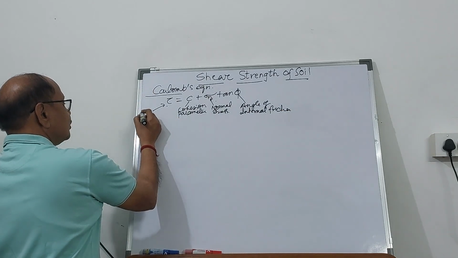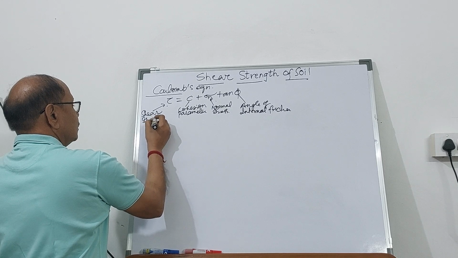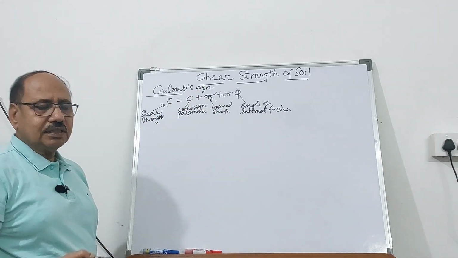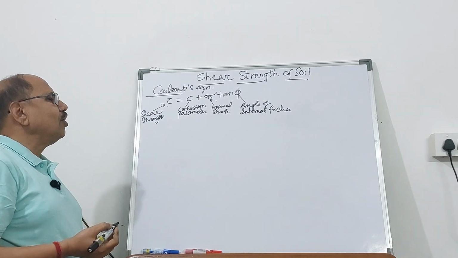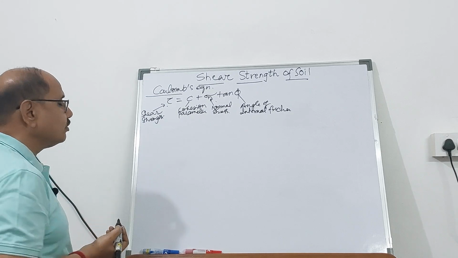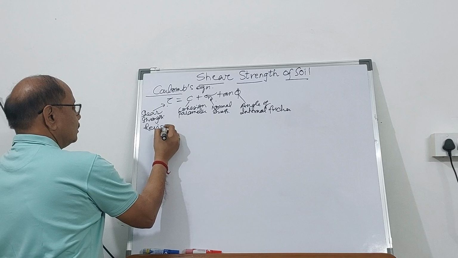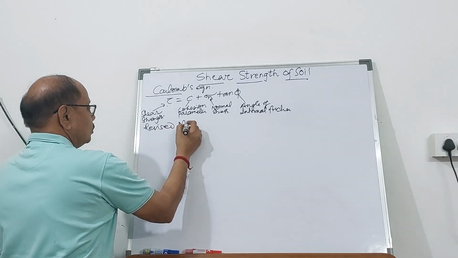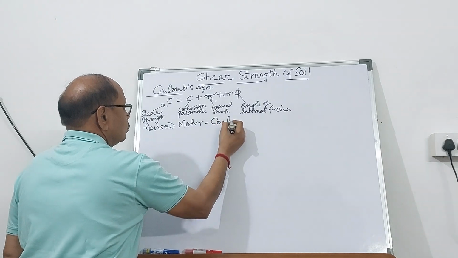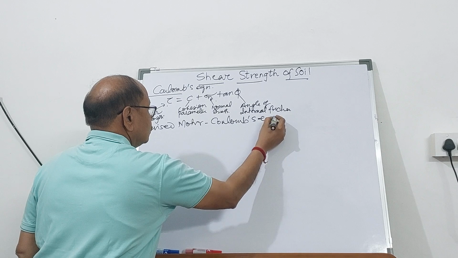Therefore, the shearing strength tau is given by this, which was given by Coulomb. Later on, it was revised based on effective parameters and it was called the revised Mohr-Coulomb's equation.